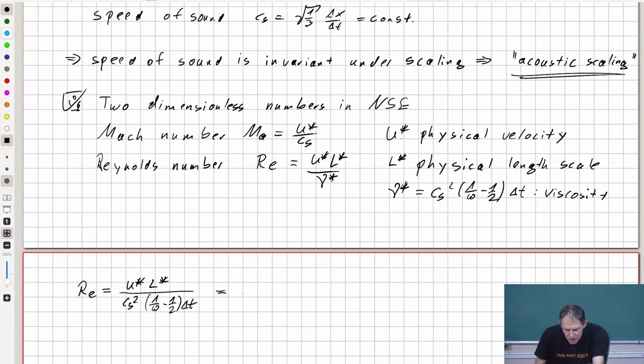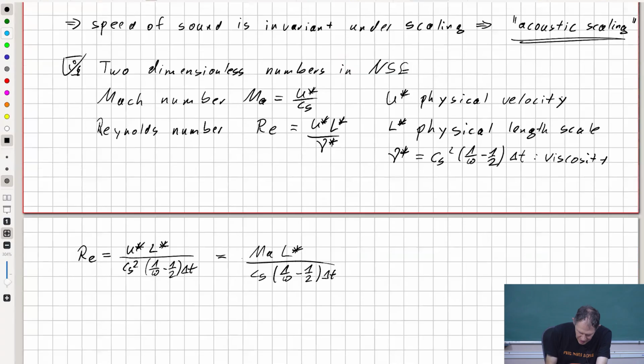Okay, did I do this correctly? U is the Mach number times Cs, so we can replace this by the Mach number L asterisk Cs, now without L square, over omega minus 1/2 into delta t.